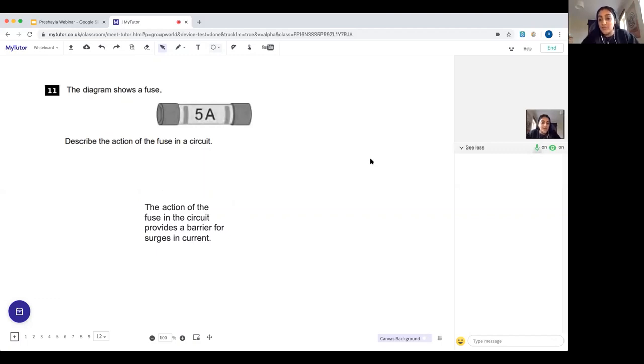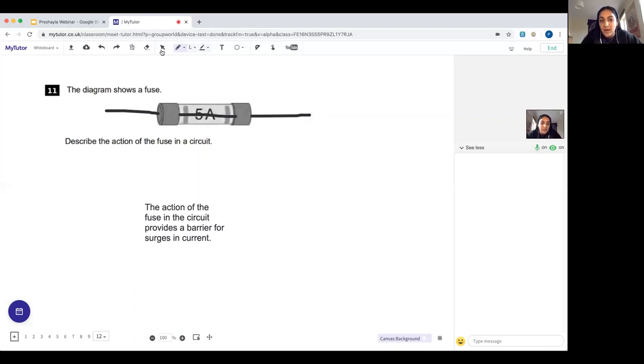So if we were to put a 6 amp current through this fuse, the wire in the fuse would melt and it would break the circuit. So if you think about a wire going through here and coming out the other end, and it also is in here. Okay, so our wire goes from some component in the circuit into the fuse and out again.